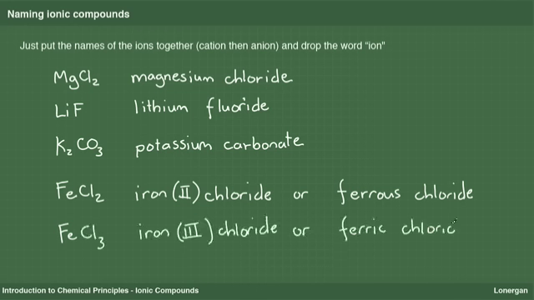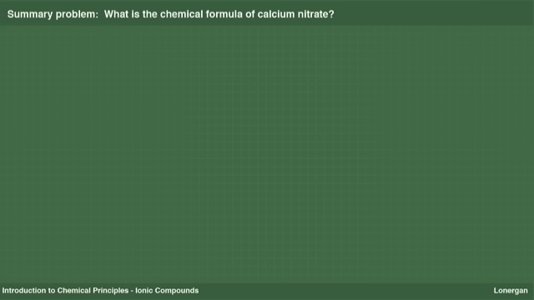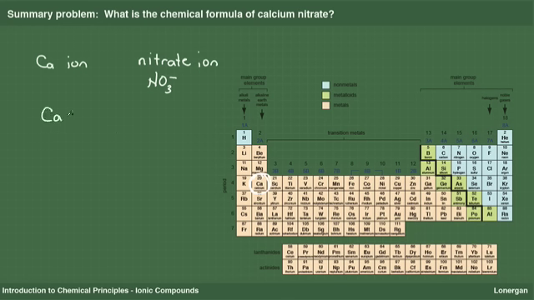I will summarize this presentation by working a problem that covers some of its main points. What is the chemical formula of calcium nitrate? From the name, we know that there is a calcium ion and a nitrate ion. From a table of common polyatomic ions, we can find that nitrate is NO3-. The dot structure of calcium, recognizing that it is in group 2 of the periodic table, shows 2 valence electrons.